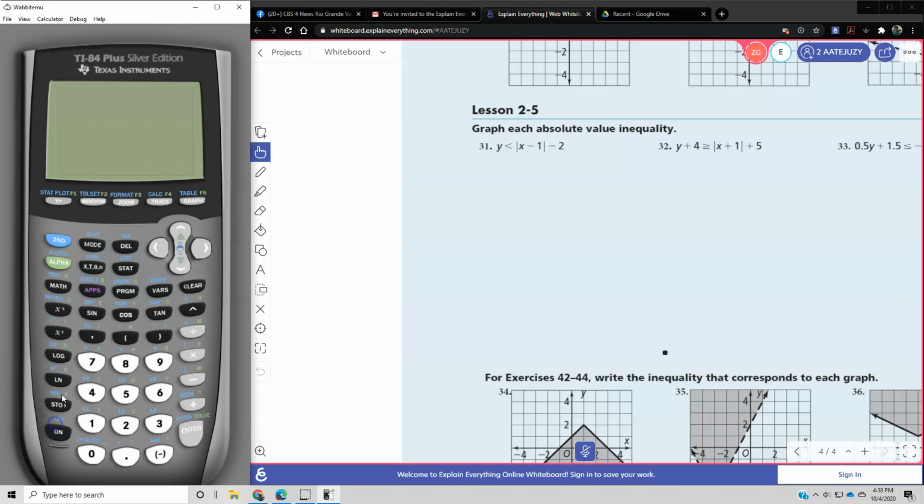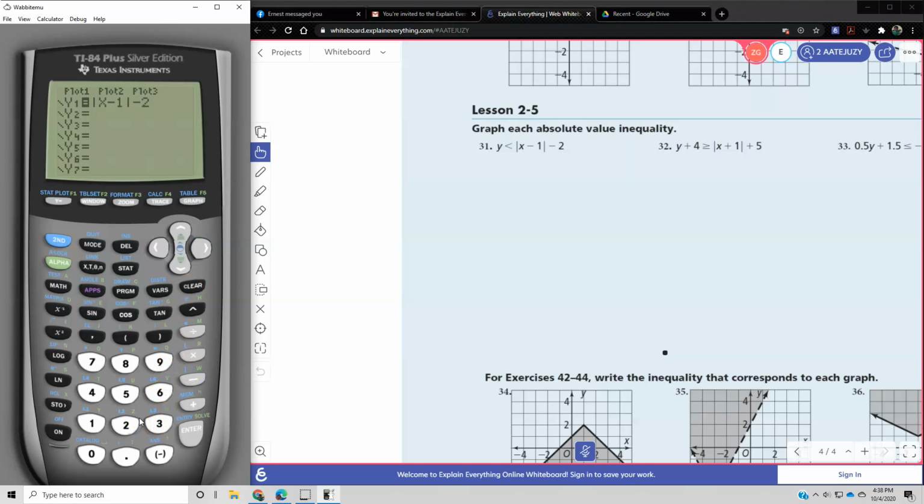Make sure it's on. You have y equals, you can clear it here. So you have the absolute value, which is going to be math, number, absolute value of x - 1 - 2.